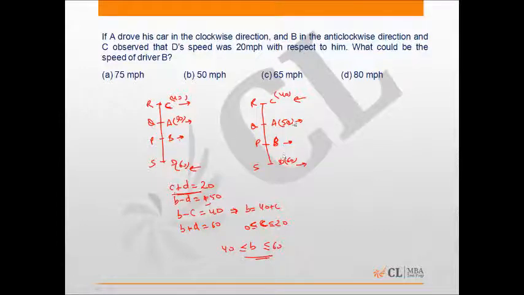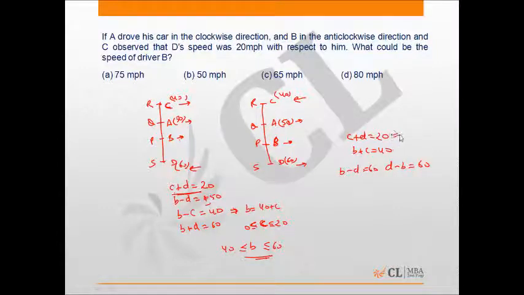In the second case, C plus D is 20, B plus C is 40, and B minus D or D minus B is 60.